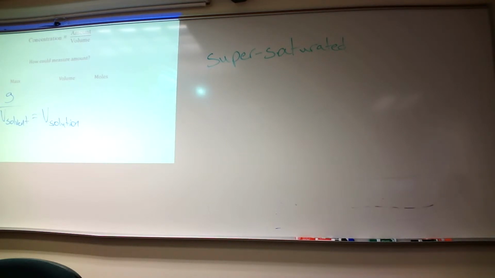And in fact, this is a fun experiment, it's really hard to show to a big group. If you take 50 milliliters of water and 50 milliliters of pure ethanol, and you mix them together, you only get 96 milliliters, which is weird. Which is why a lot of times we do it in terms of volume of the solution instead of volume of the solvent, because they're not always the same.